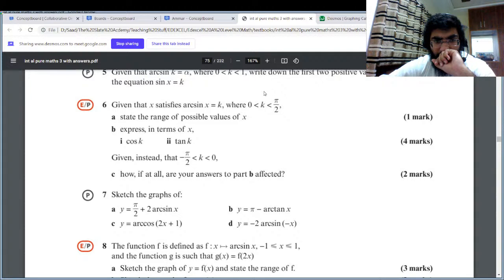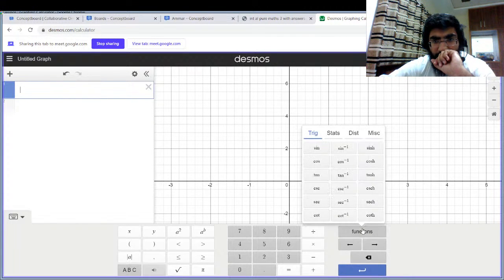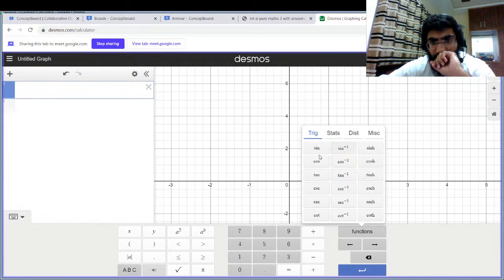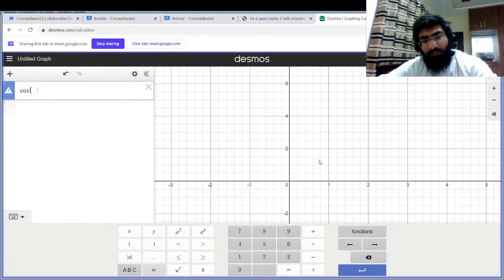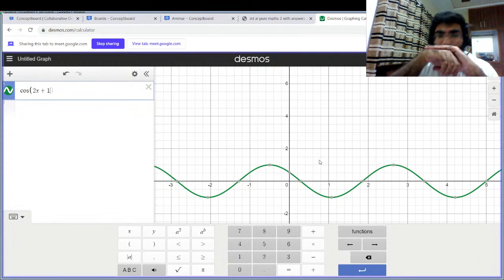Can you draw cos 2x plus 1? Cos inverse 2x plus 1, you mean? No, just cos. Cos 2x plus 1. Okay, so now I will draw a line.